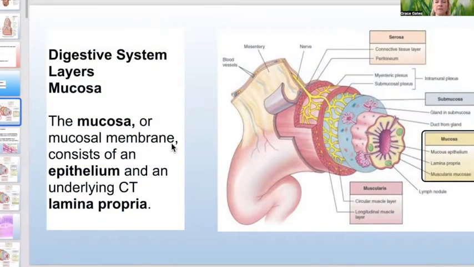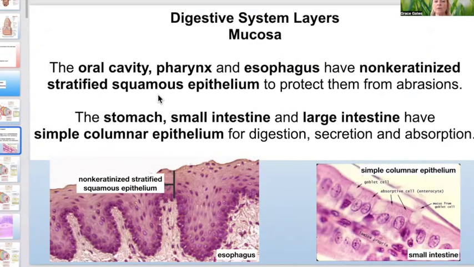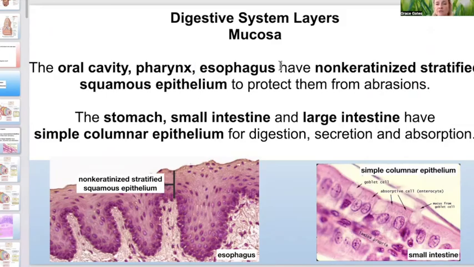The mucosa, or mucosal membrane, consists of an epithelium and an underlying connective tissue, the lamina propria. The oral cavity, pharynx, and esophagus, and actually the anus, have non-keratinized, stratified squamous epithelium to protect them from abrasions.